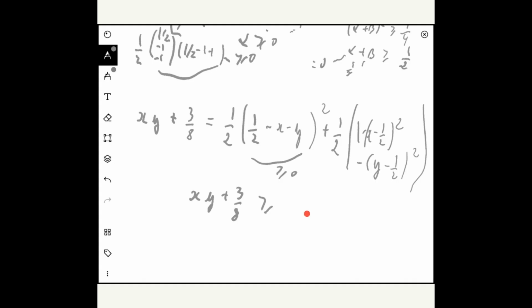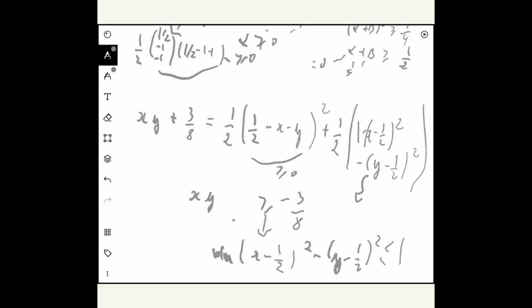We do not really care about it, but we have xy is minus 3 over 8 when x minus 1 over 2 squared minus y minus 1 over 2 squared is inferior to 1, because if this is inferior to 1, then this is positive.